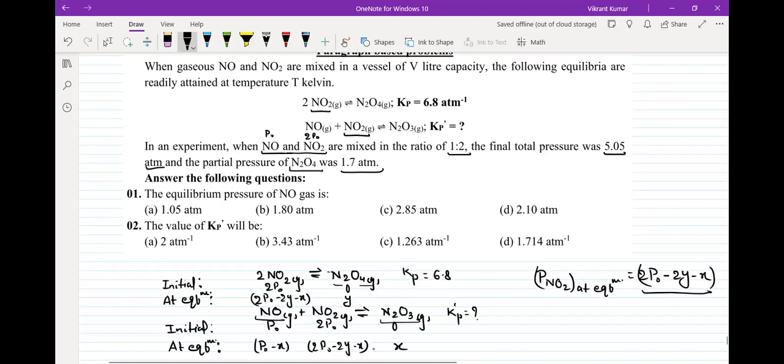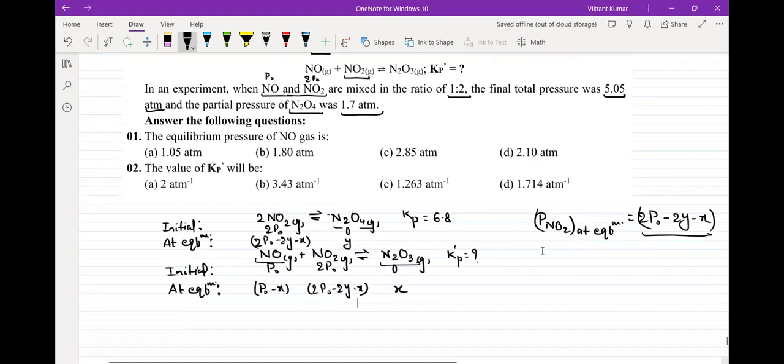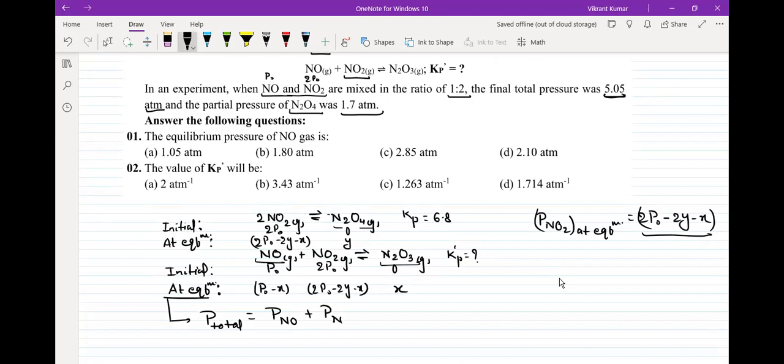Is it okay? After that, what information it has given to you? This is saying that the total pressure was 5.05. P total at equilibrium, if you want to know, this is nothing but the P of the substances, which is NO2 plus PN2O3 and PN2O4.